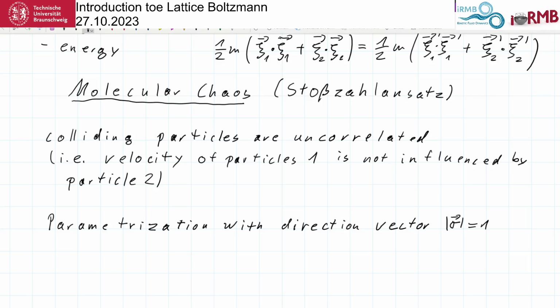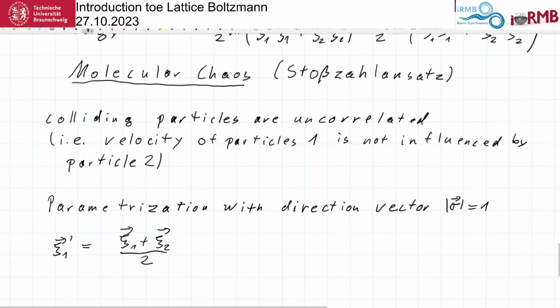Because of this, we now can write the new velocity xi as the center of mass of the incoming velocity. Obviously, the center of mass does not change, right? So this here is the center of mass.